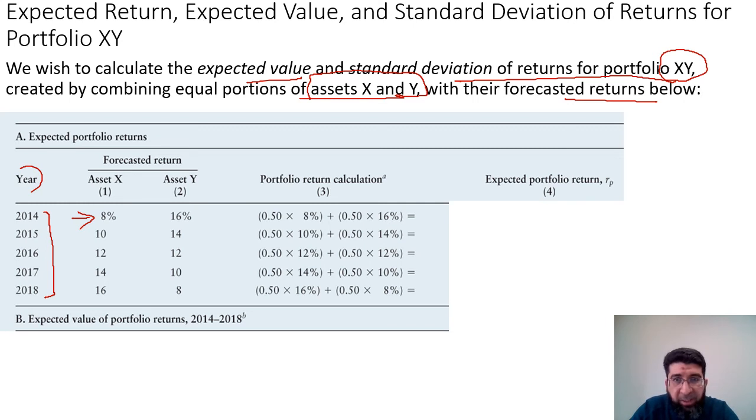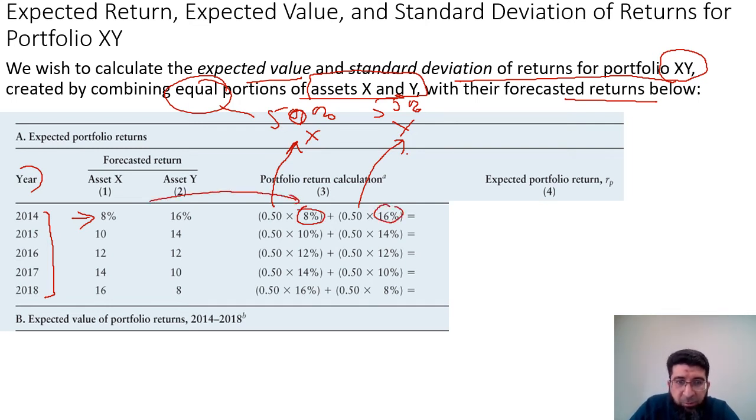Equal weighted means we will have 50% invested in X and 50% invested in Y. So 50%, which we convert into 0.5, multiplied by 8%, and then 16%, which is coming from here, and then we have a total of 12%.